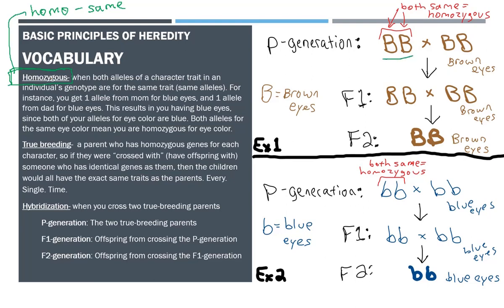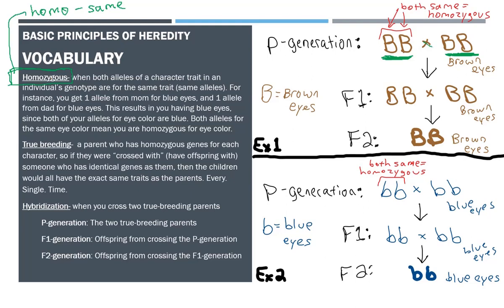So this is an example of a homozygous parent. Both of their chromosomes have alleles for brown eyes, capital B's. And here's the other parent, and both of his chromosomes have alleles for brown eyes. So these are homozygous parents. They're homozygous for eye color, for brown eyes.